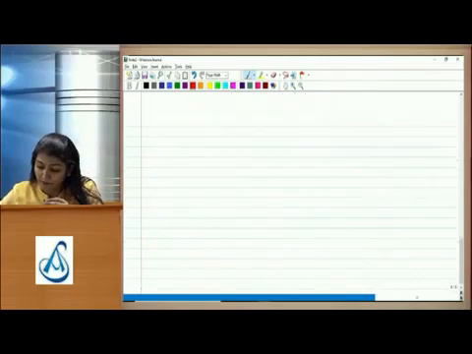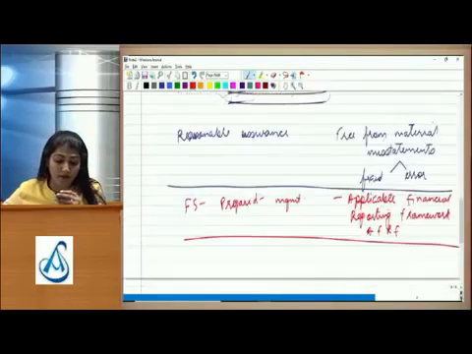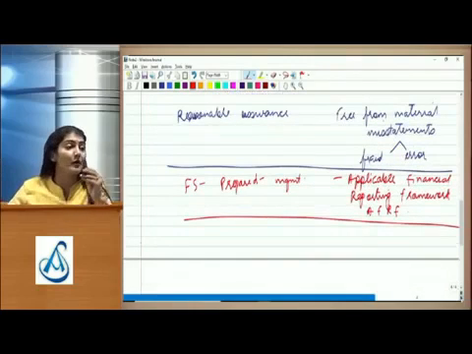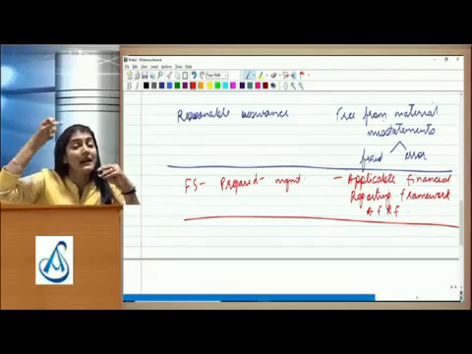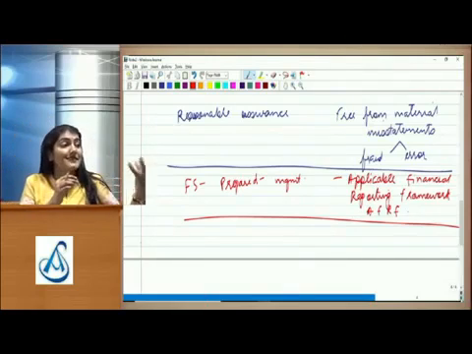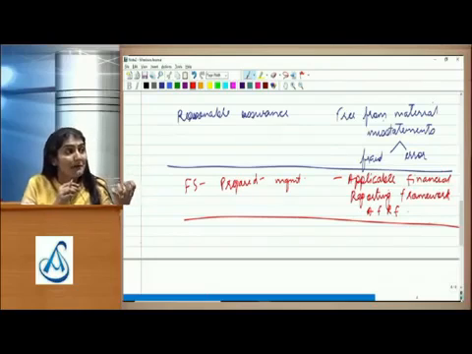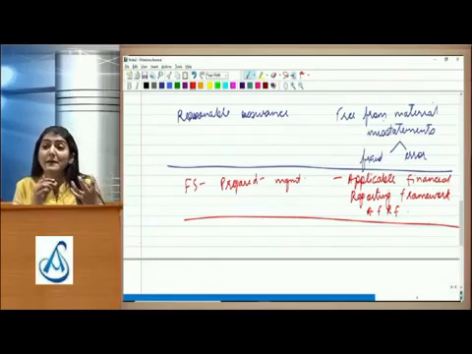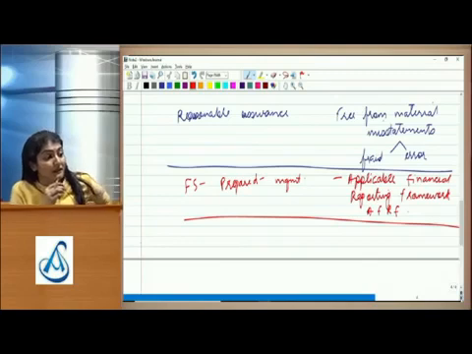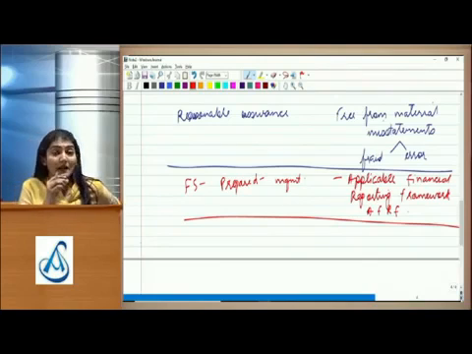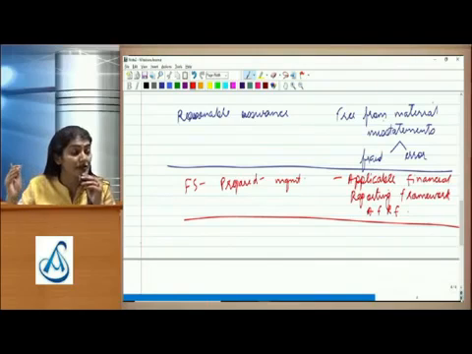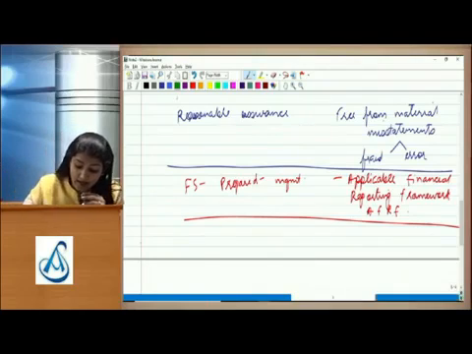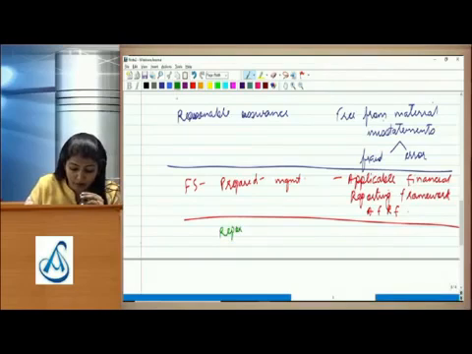So what is the objective of the SA? To obtain a reasonable assurance that financial statements are free from material misstatement, whether due to fraud or error, thereby enabling the auditor. So once you get this reasonable assurance, the auditor can express an opinion whether or not the financial statements have been prepared by the management in accordance with an applicable financial reporting framework, and then ultimately to issue a report, to report his findings.